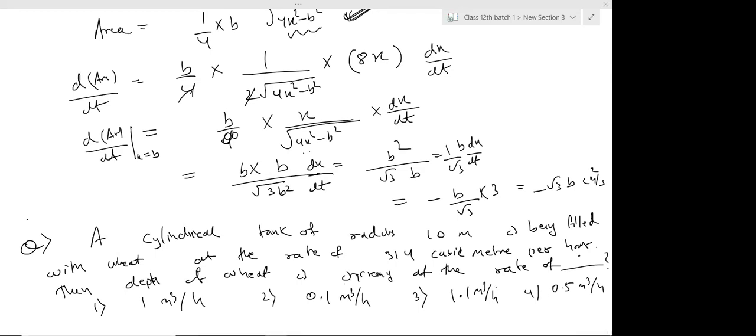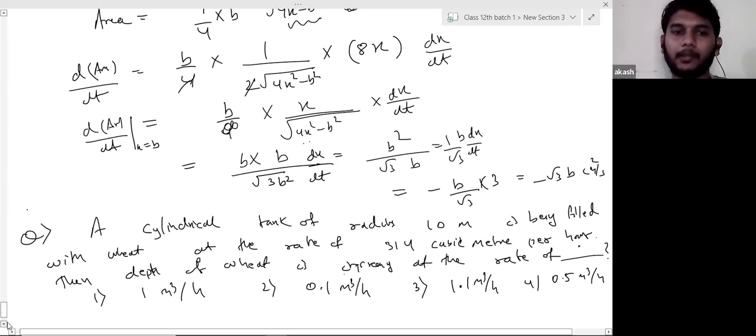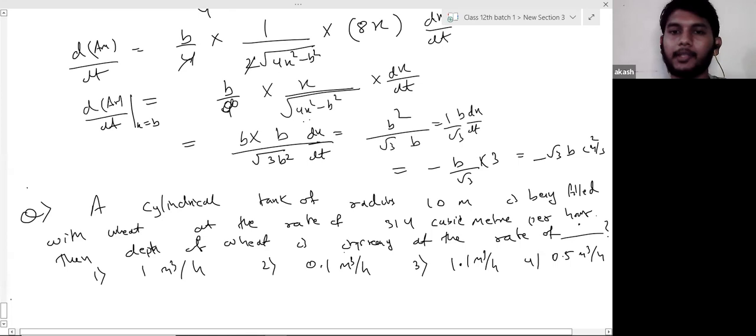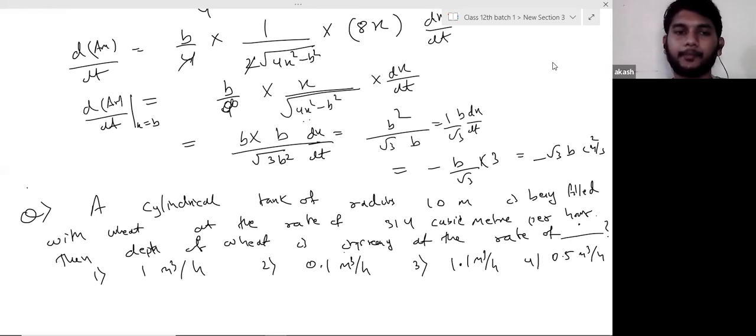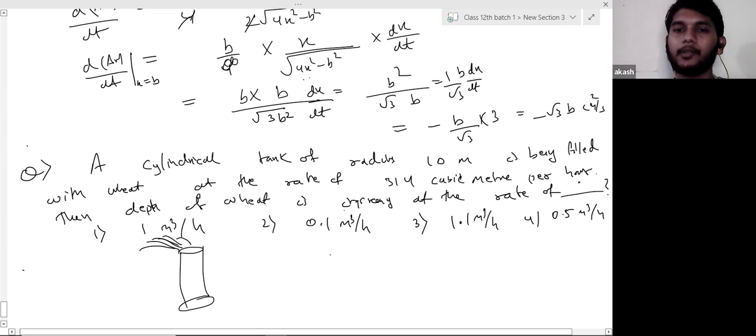This is the next question. A cylindrical tank of radius 10 meter is being filled with wheat at the rate of 314 cubic meter per hour, and the depth of wheat is increasing at the rate of... Let me give you the explanation of this question. There is a tank like this. They are filling in wheat in this at the rate of this cubic meter.